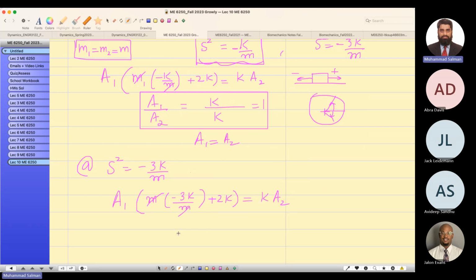So this is cancelled by this one. So A2 equals what? Negative k over k. Negative A1.